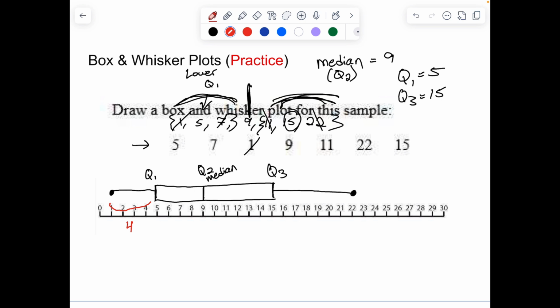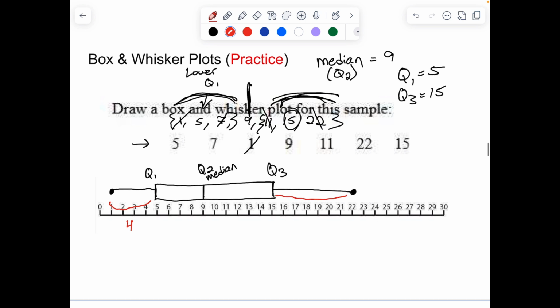And then if we look at the right whisker, we have 1, 2, 3, 4, 5, 6, 7. We have a range of 7 numbers. Since we have a range of 7 numbers, which is bigger than 4, we would say it is skewed right.